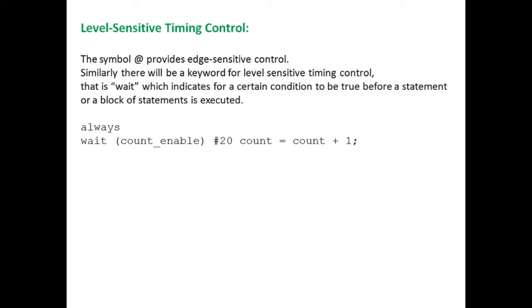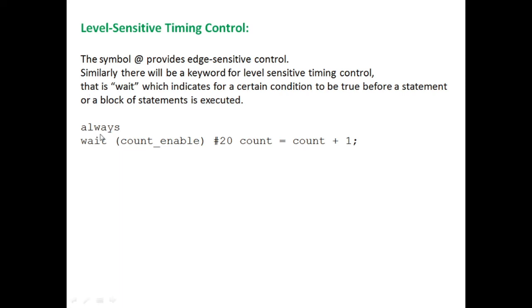Similarly, there are level sensitive timing controls, which depend completely upon the status of your variable, whether it is in logic 1 or logic 0 status. Where we have used the @ symbol so far, the Verilog language also allows us level sensitive timing control, which is the ability to wait for a certain condition, a certain variable, a certain signal or a certain register to be true before a statement is executed.